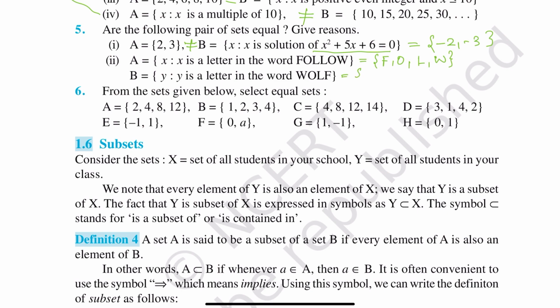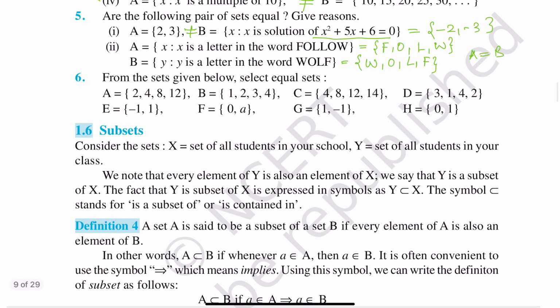So this set if we write in the roster form, so this is W, O, L, F. अब हम चेक करना चाहते हैं कि ये सेट इक्वल है या नहीं. So here F, here also F, here O, here also O, here L, here also L, here W, here is also W. So these sets are equal. So A equal to B here in the second part.